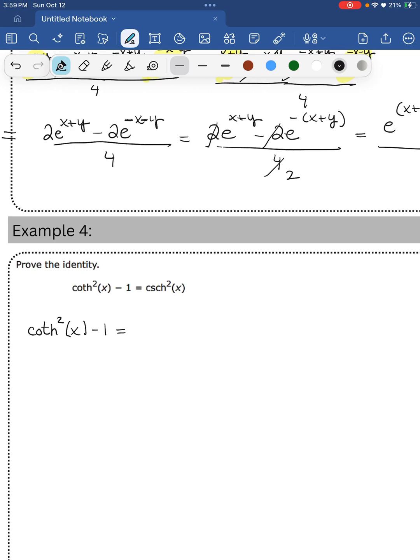So g prime, or the derivative of g, is going to be the derivative of sinh with ln of t, which is cosh of ln of t, times the derivative of ln of t, which would be 1 over t. What have we done here? Cosh of ln of t all over t. This is as much as I would go through here.